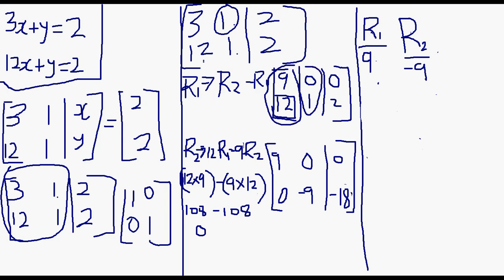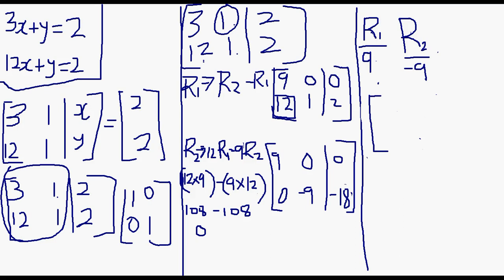You know what I'm looking at? I'm looking at the down place where you had the 9, 0, and then 0, minus 9.